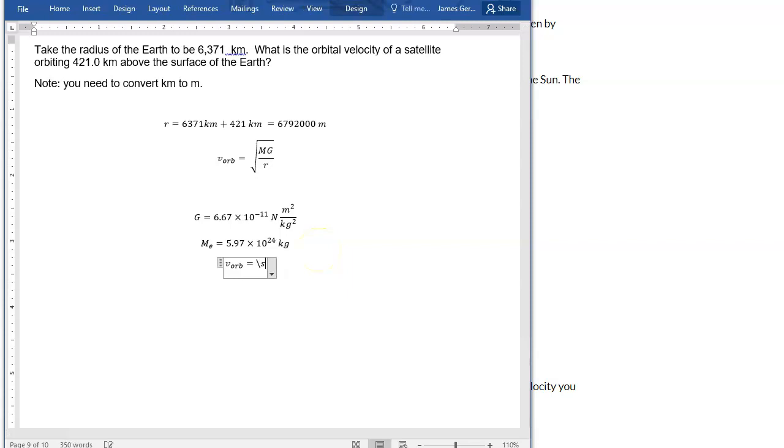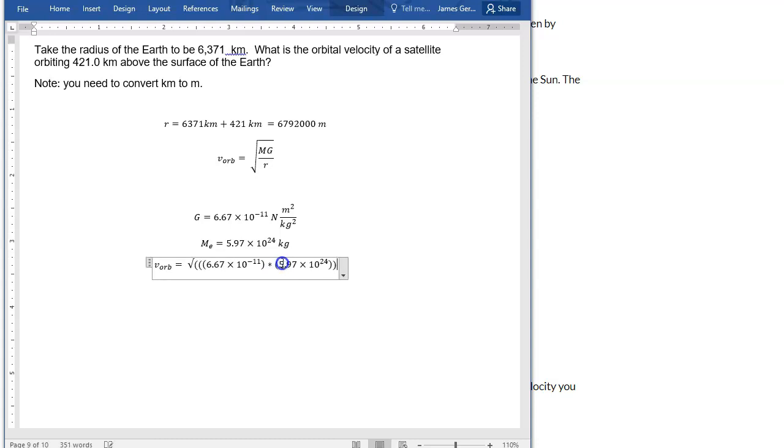V orbital is the square root of. All right, lots of parentheses. 6.67, I'm going to leave out the units to make my life a little bit easier, times 10 to the minus 11, times 5.97 times 10 to the 24th.